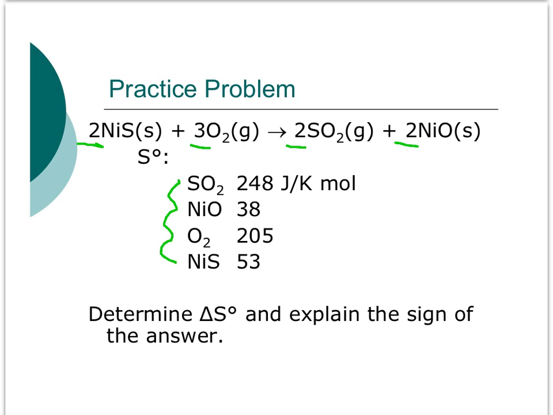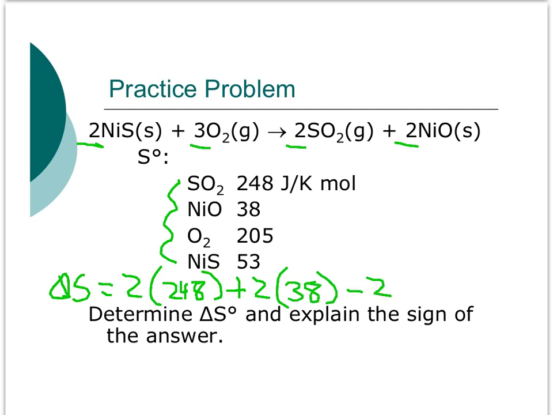So what I'm going to do, my delta S for the reaction is going to be 2 times the SO2 plus 2 times the nickel oxide minus 2 times the nickel 2 sulfide, 53, minus 3 times oxygen, 205. Alright, now, I actually haven't calculated this out yet, so I'm going to sit here and punch it into my calculator. Why don't you go ahead and do the same thing?